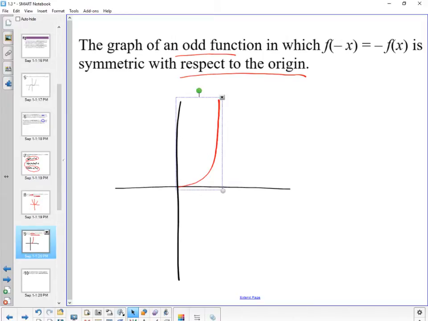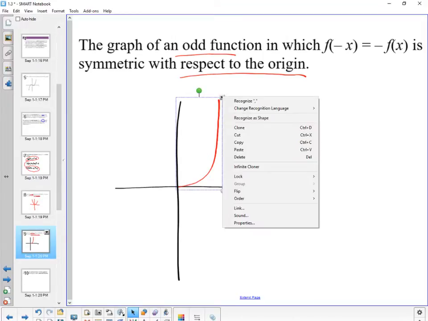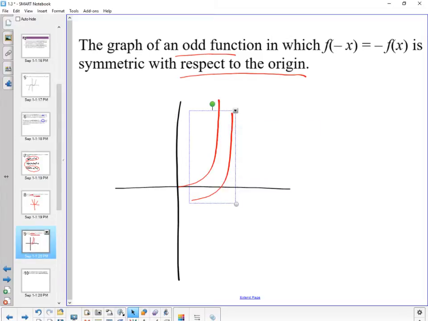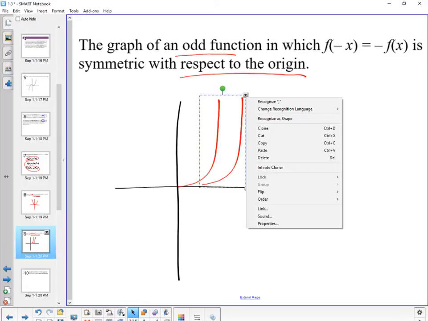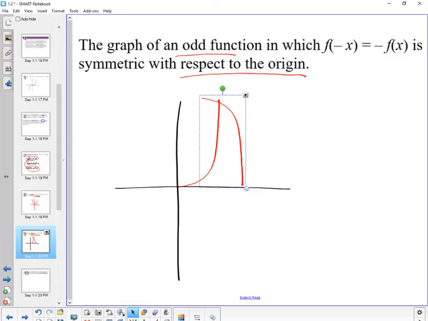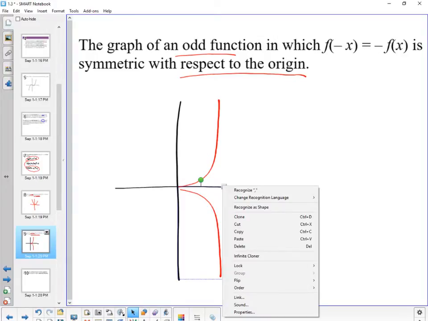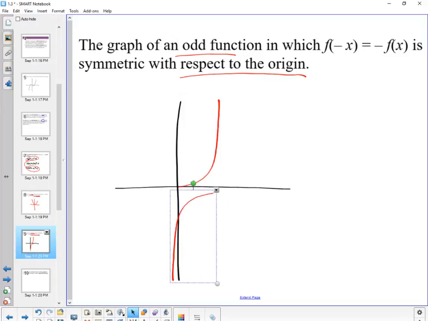If this has symmetry about the origin, I could flip it up and down, and then I would also have to flip it left to right, and then that is the graph of the cube function. So it has that symmetry across the origin.